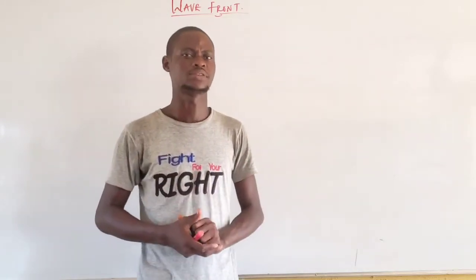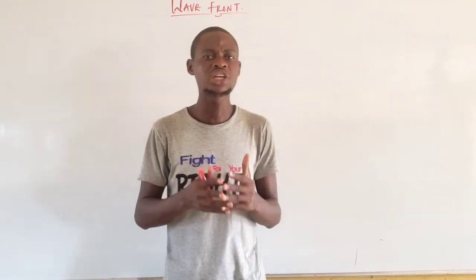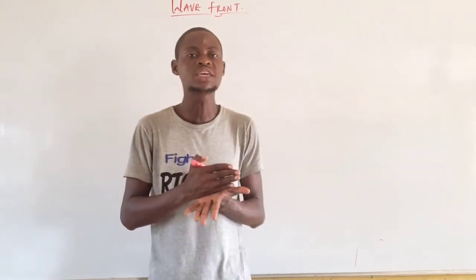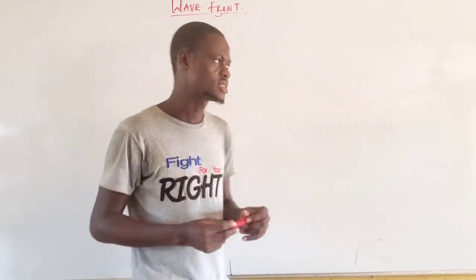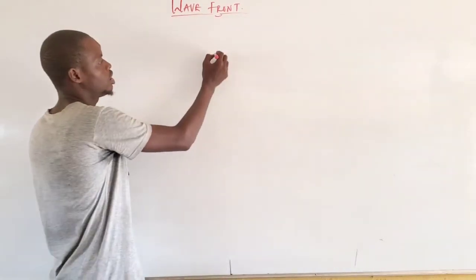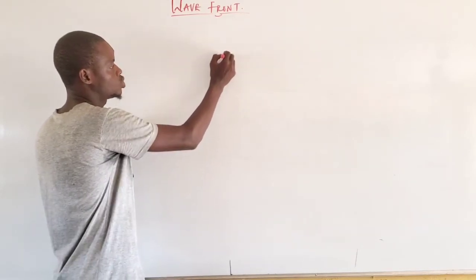What is a wavefront? A wavefront is a line or surface on the path of an advancing wave, on which the particles are moving in step, all together. That means, assuming I have all these particles of a medium, like this is a particle.